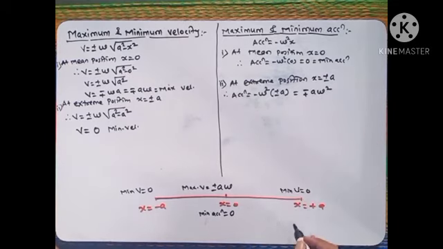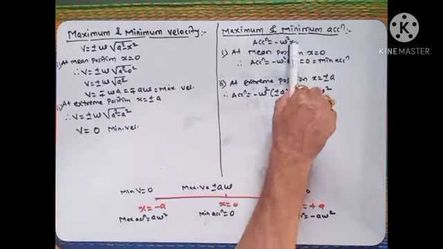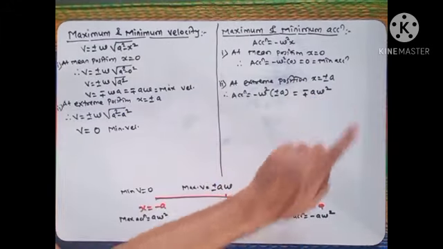That means when your particle is at right extreme, x equal to plus a, we get maximum acceleration equal to minus a omega square. And when particle is at left extremity, we get again maximum acceleration, which is equal to a omega square.